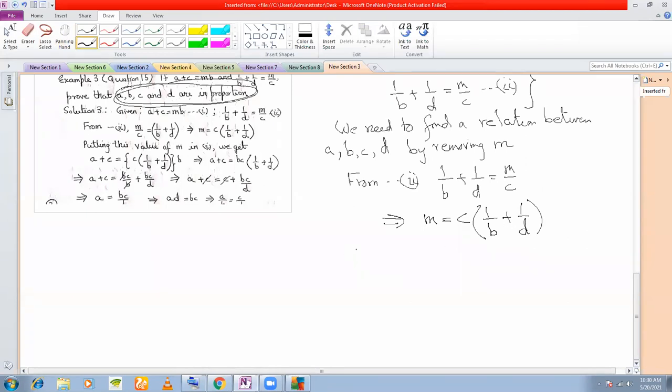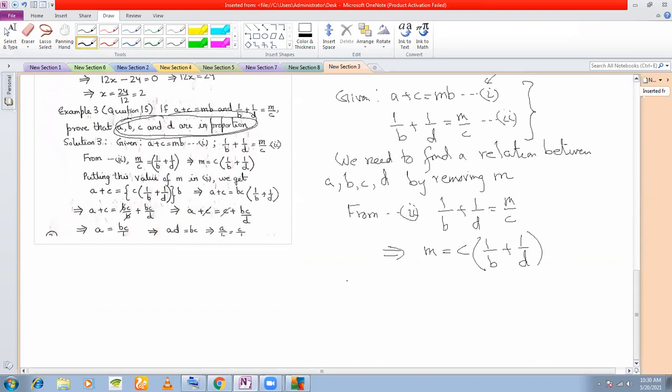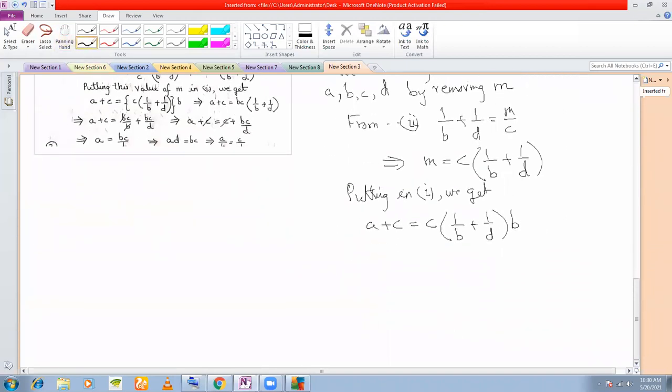This value of M, we now put it in 1. This is just like your substitution method in simultaneous equations, if you remember. So putting in 1, we get A plus C is equal to M B, where M is as above, C into 1 by B plus 1 by D. Now we simplify this.